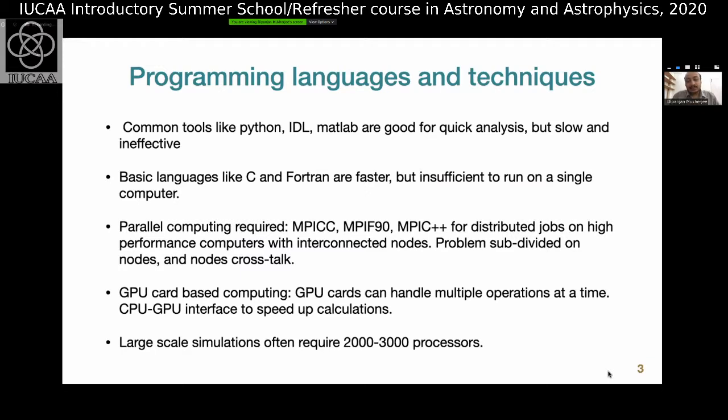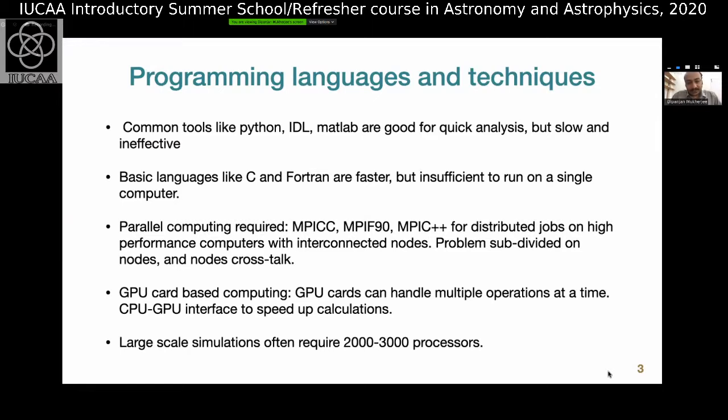And then at the end of one time step, all the processors communicate with one another and share the solutions. And so as a whole, the entire solution evolves with time. So that is what is called distributed architecture, or distributing the job into multiple processors. And this is the most common type of high performance clusters that we have now.